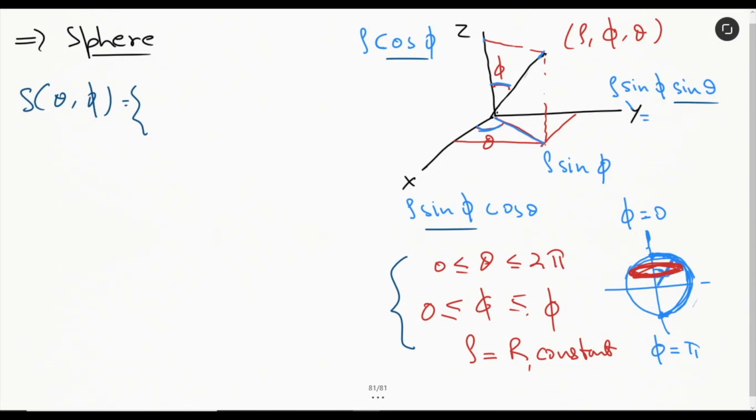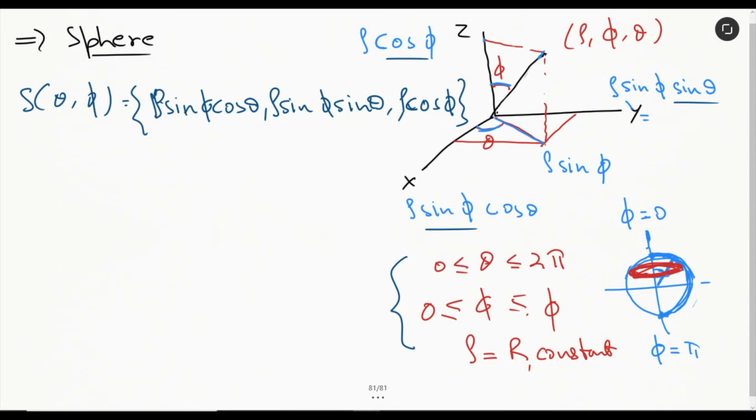So the x component is rho sine phi cos theta, y is rho sine phi sine theta, and the next one is rho cos phi. These are the xyz components.